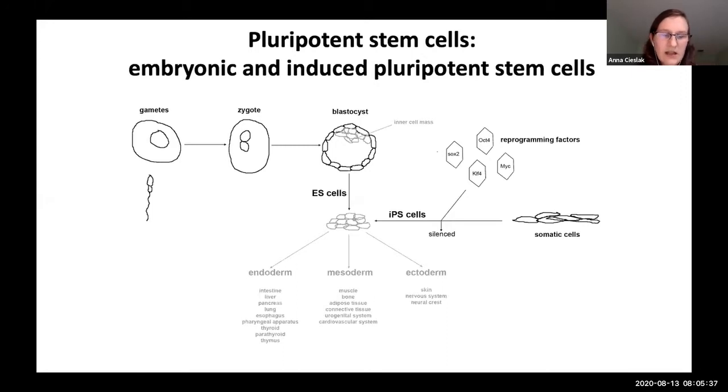Additionally, induced pluripotent stem cells are a type of pluripotent stem cell that can be generated directly from somatic cells when we add reprogramming factors. Both types of pluripotent stem cells have a very high potential as experimental models for research purposes. And in the case of our lab, we are studying human lung development and disease modeling.